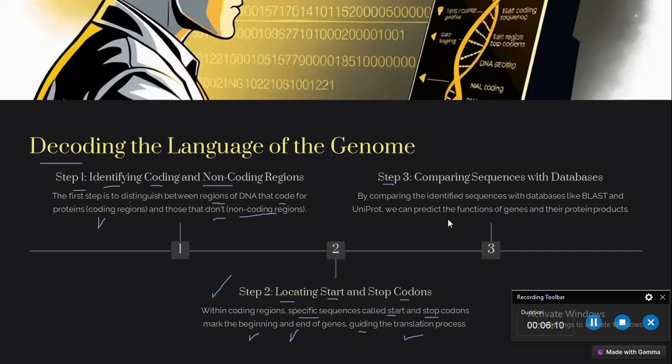I can even translate this nucleotide sequence to predict the protein that can be produced.